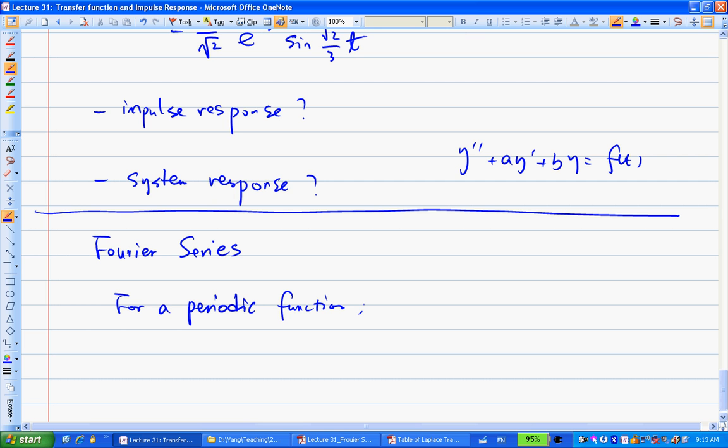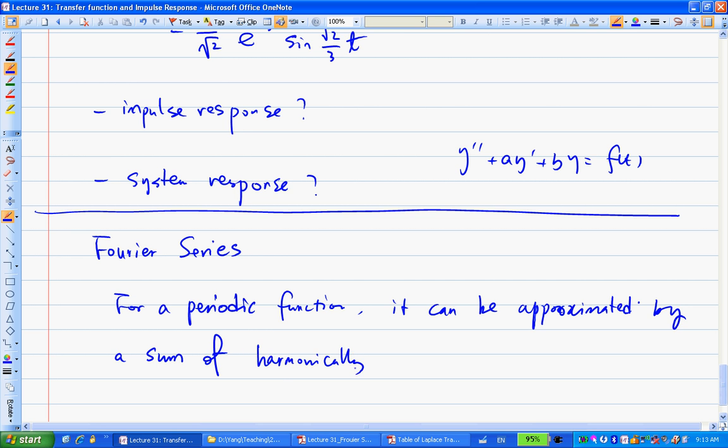of harmonically oscillating functions. So it can be approximated by a sum of harmonically oscillating functions.